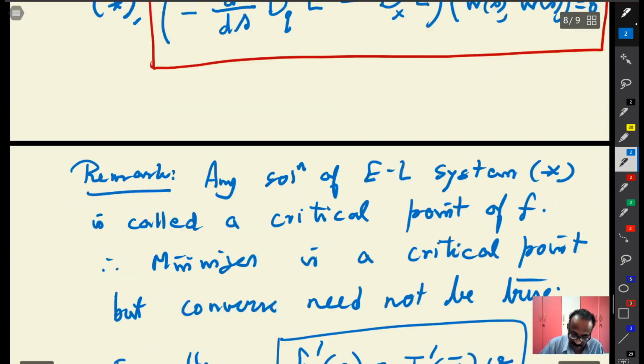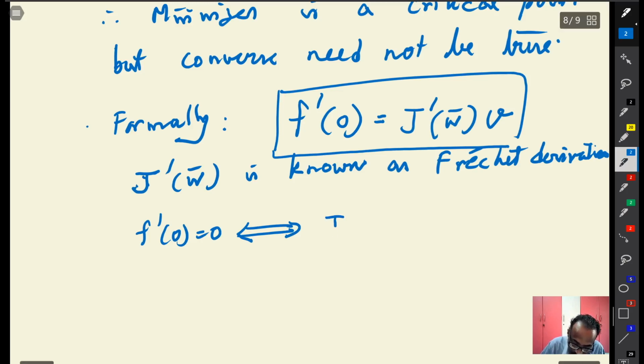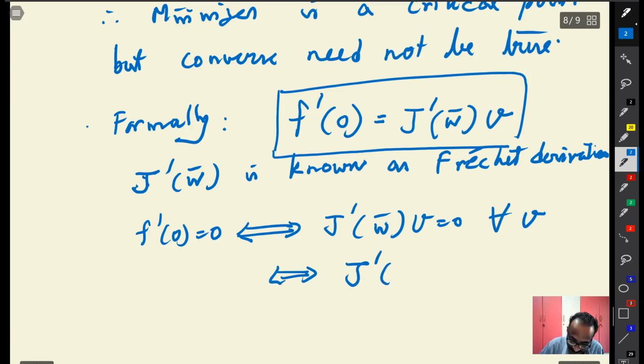So f prime of 0 equal to 0 is equivalent to J prime of W bar v equal to 0 for all v. We also write it as the Fréchet derivative is 0. The Fréchet derivative is going to be a functional.